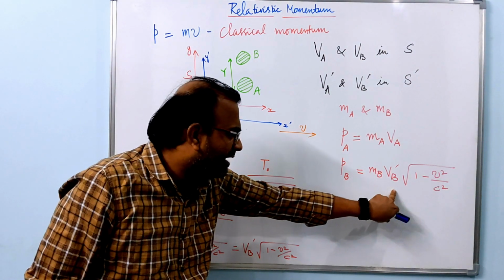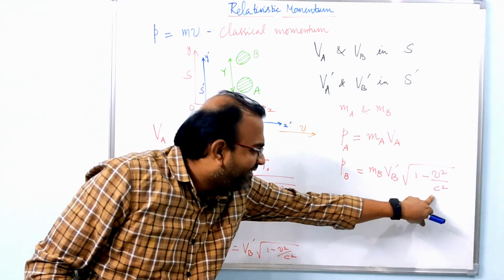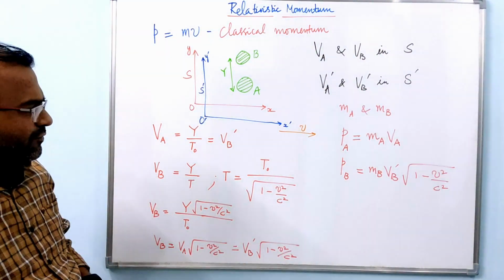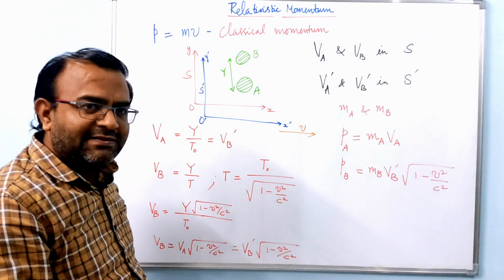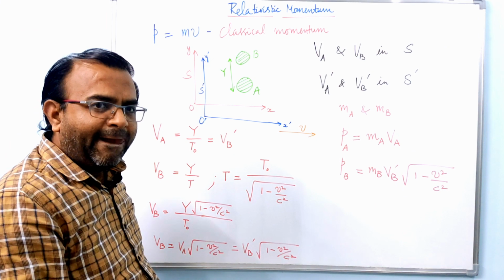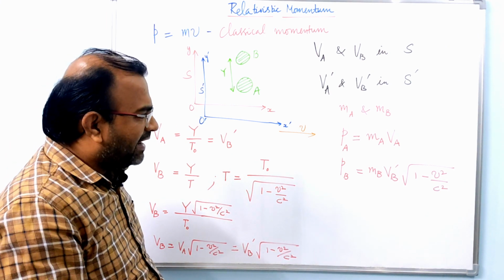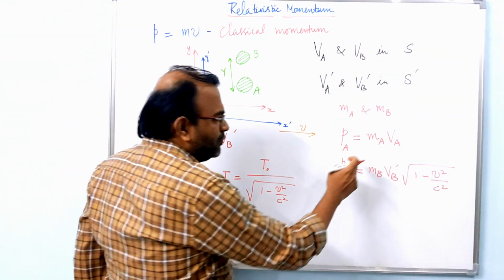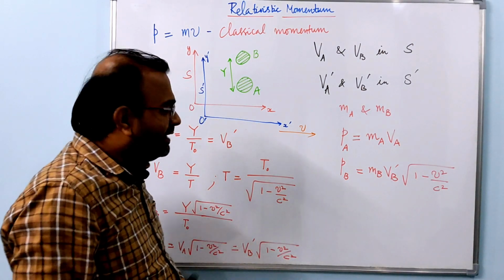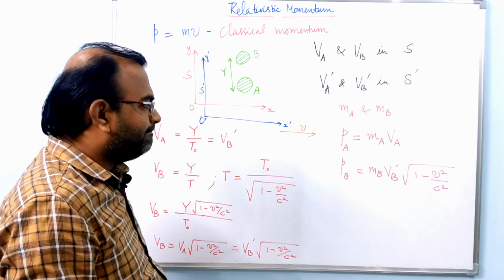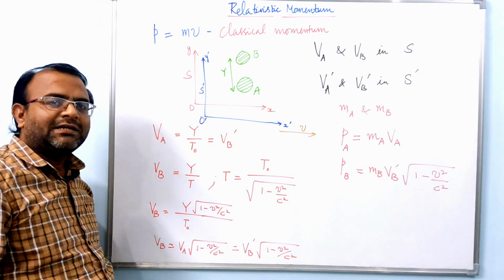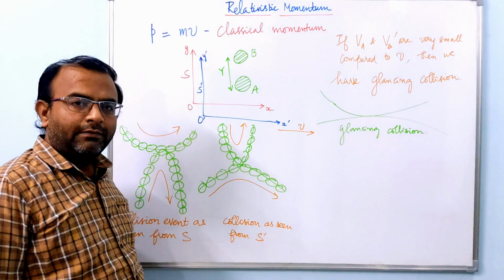There is an additional factor involved here. Therefore, if the two masses MA and MB are equal, then momentum is not getting conserved. Simply, the momentum is not conserved, right?